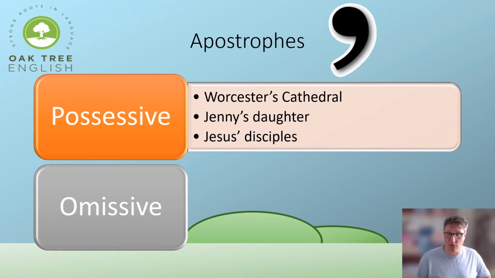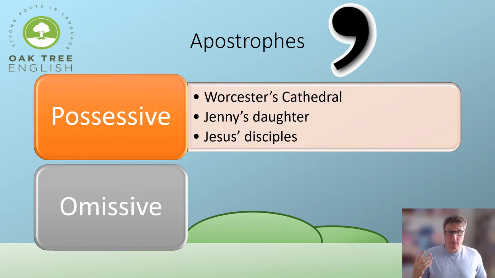If I wanted to talk about a particularly pretty girl, I might say, she's Jenny's daughter. Jenny, apostrophe S, daughter. Notice Jenny ends with a Y. You do not change that to IES when you've used an apostrophe, because it's not plural. Jenny hasn't suddenly become many Jennies. She's still one lady who has an attractive daughter.